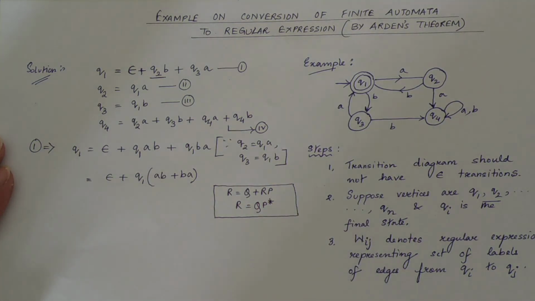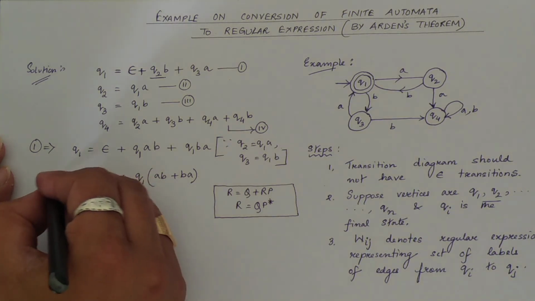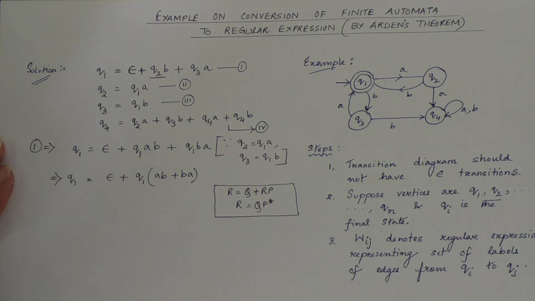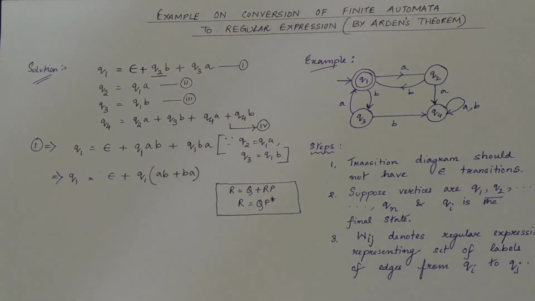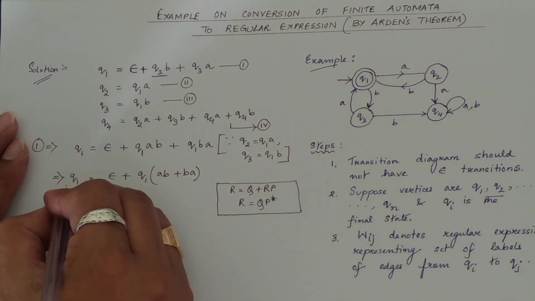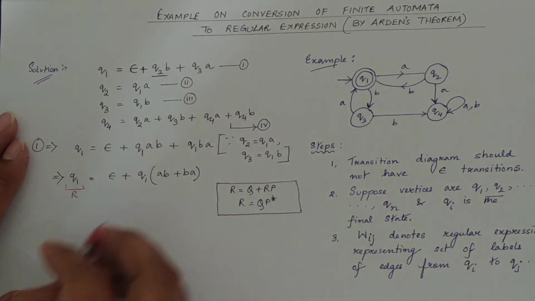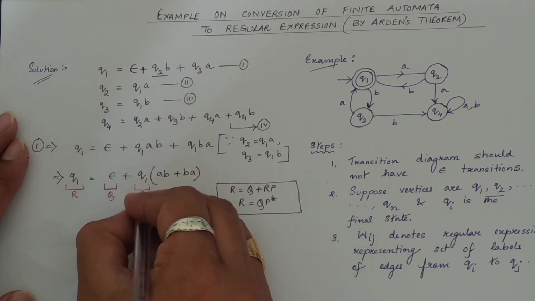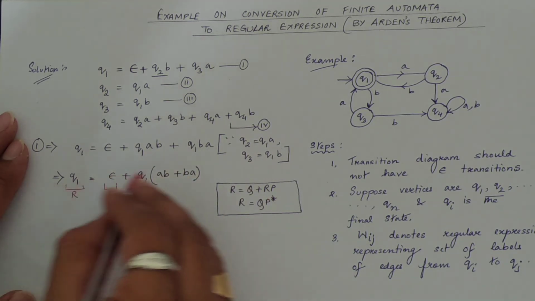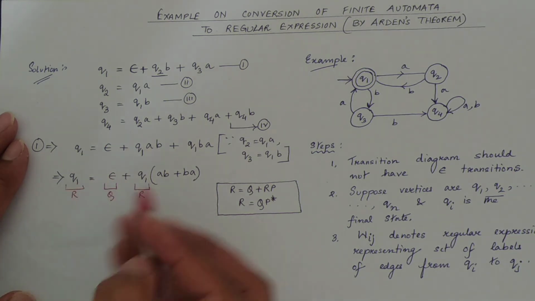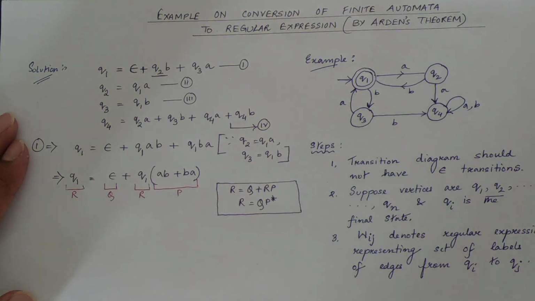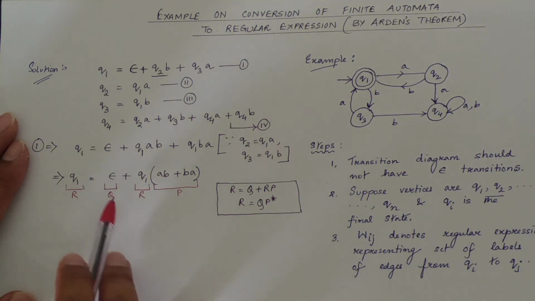Now if we look into this equation, this Q1 is acting like R, this epsilon is acting like Q, and the R on both sides should always be equal, and this part is acting like P. Clear? So this is of the format R equals Q plus RP.